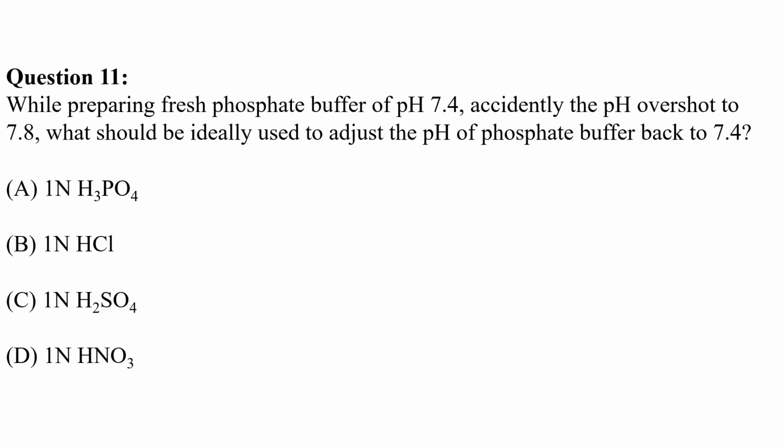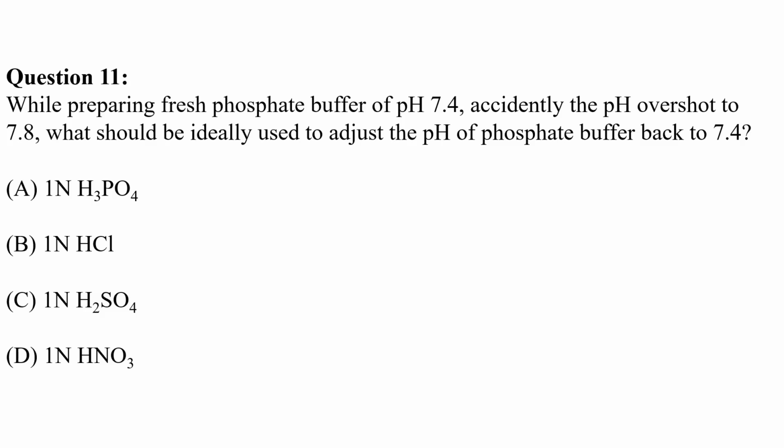Let's move to the next question now. While preparing fresh phosphate buffer of pH 7.4, accidentally the pH overshot to 7.8. What should ideally be used to adjust the pH of the phosphate buffer back to 7.4?